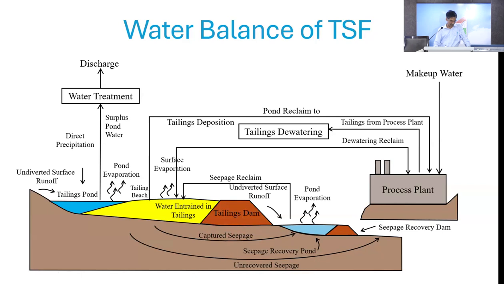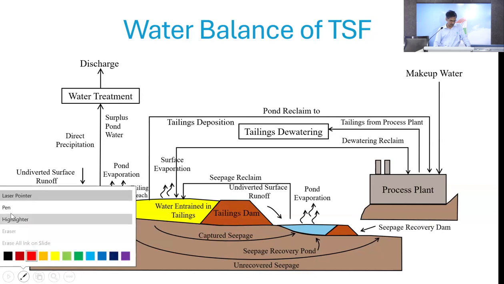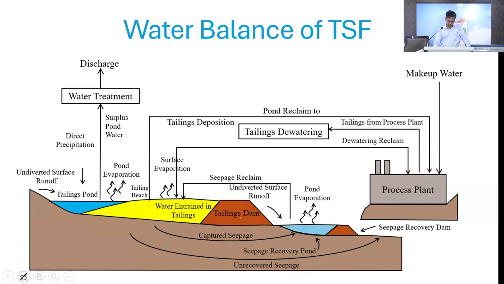If I put a cut-off wall here, my seepage line will pass through a longer distance. As it passes through a longer distance, my exit gradient decreases and obviously seepage becomes low.